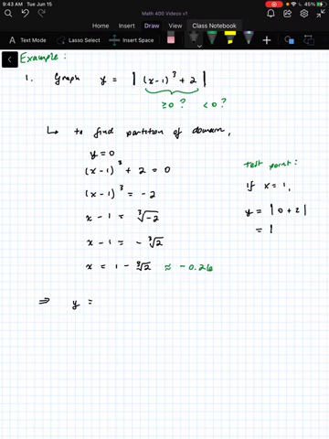And what's inside the absolute value is already positive. So that means on the right side of this value, 1 minus cube root of 2, this function is positive, and on the left side it's negative.